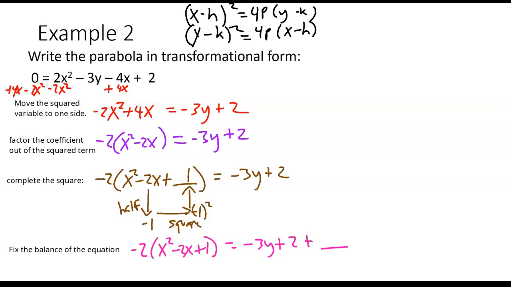Now you might think that I have to add 1, but we don't actually. What we need to add is we need to multiply the 1 by the negative 2 first, because by putting 1 in there, it's actually being multiplied by negative 2. And so negative 2 times 1 is negative 2, and that's what you put over here. So we're going to add a negative 2 on this side, like that.